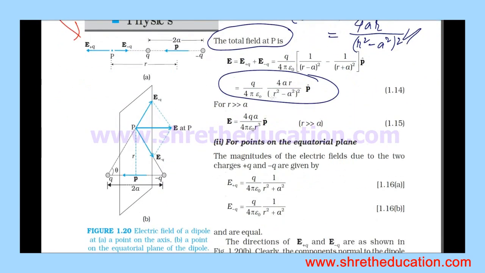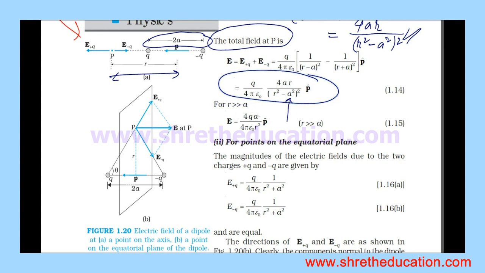If r is very large, the distance of separation is small and the distance of point P is very large, then a can be ignored.